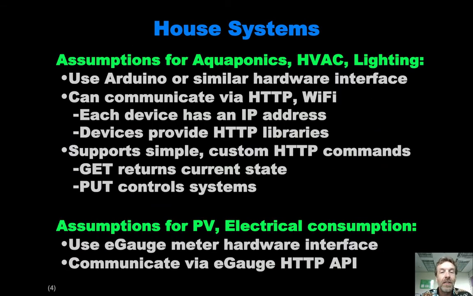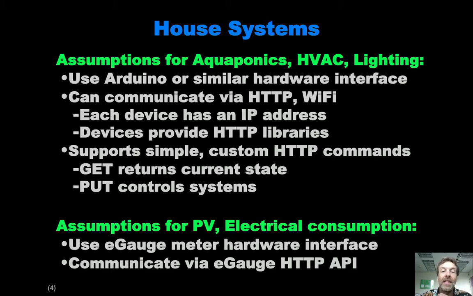I want to briefly go over these assumptions. We're assuming that for the aquaponics, HVAC, and lighting systems, we're going to be using something like Arduino or a related kind of system. It should be able to communicate with us via HTTP, either Ethernet or Wi-Fi, although I assume we want to use Wi-Fi because we don't want wires all around.